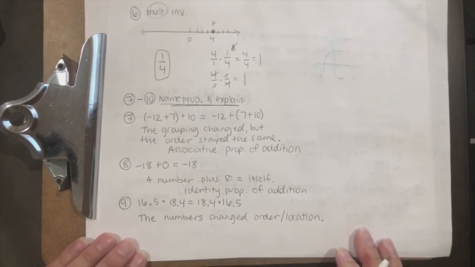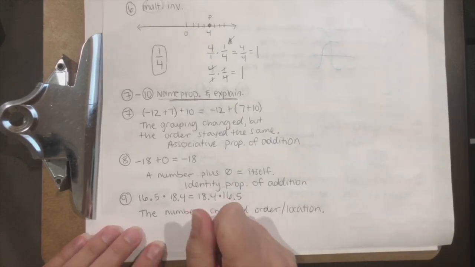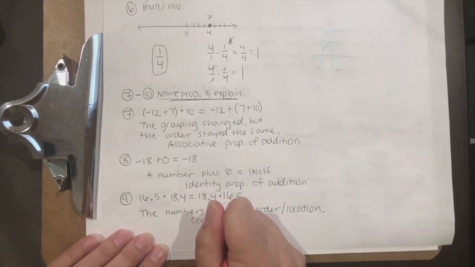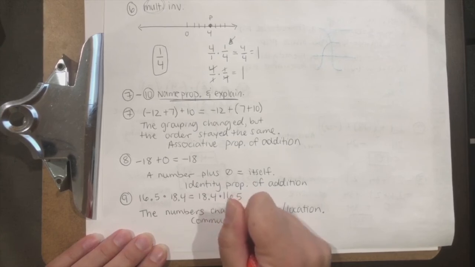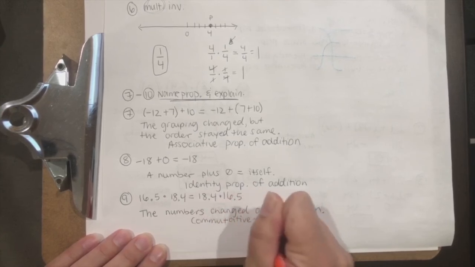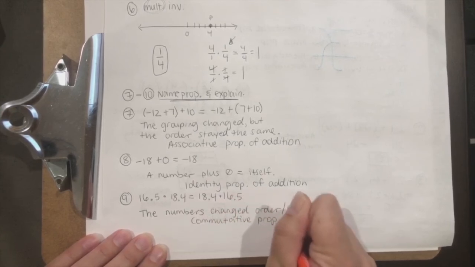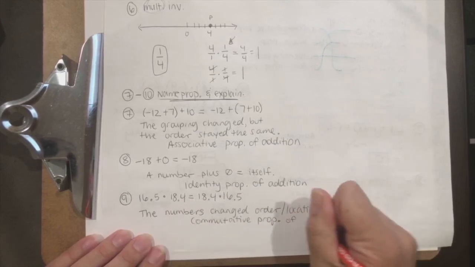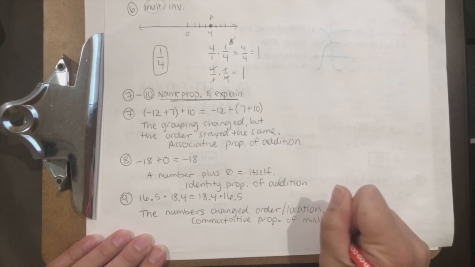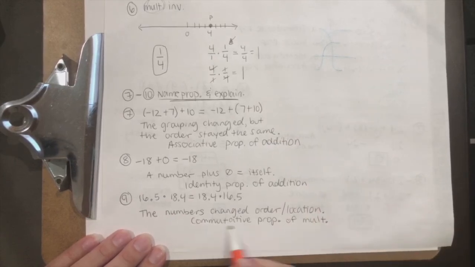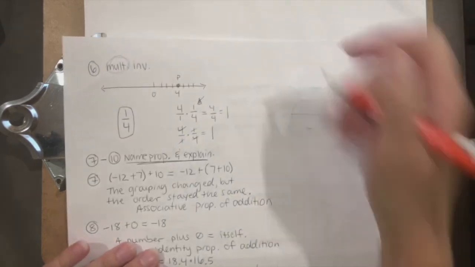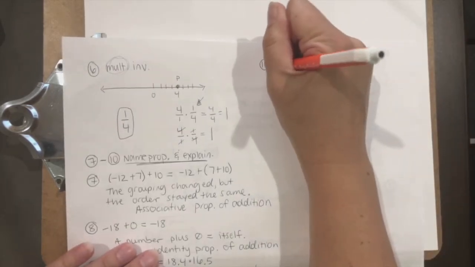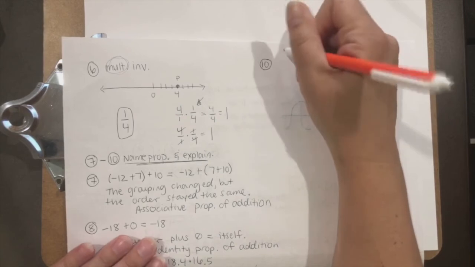Right? They moved. So that would be commutative. And since we're multiplying here, we'll say of multiplication. I'm going to shorten that to mult. Commutative property of multiplication.